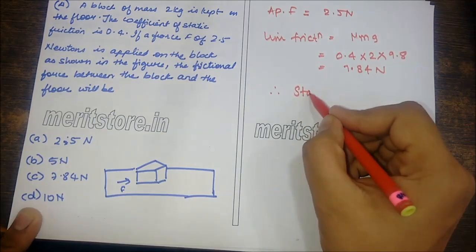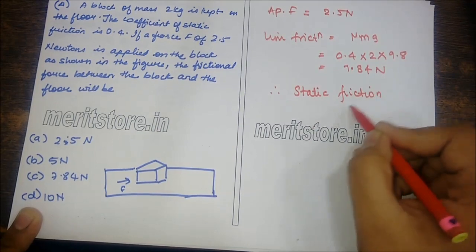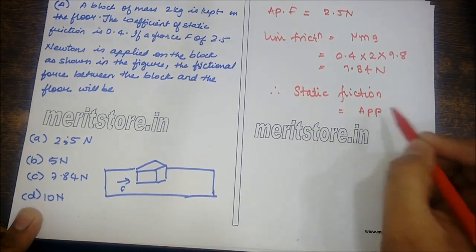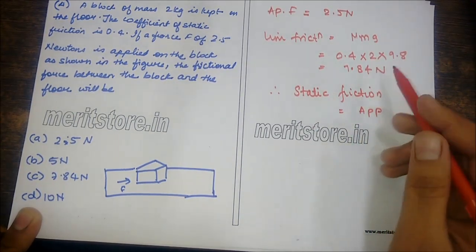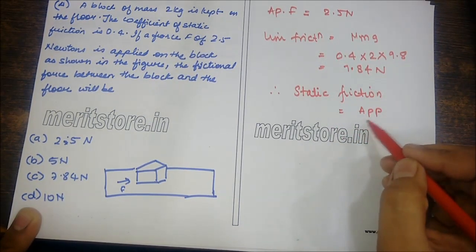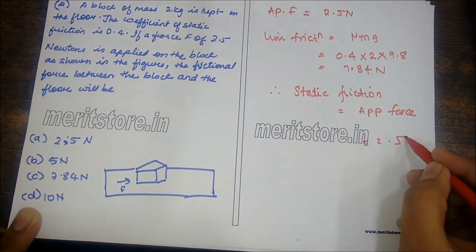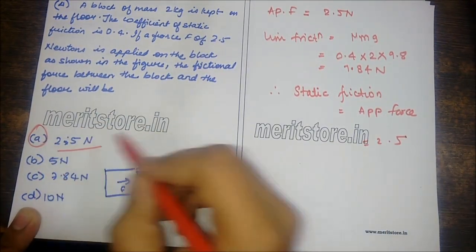Therefore, static friction is equal to applied force. For the given condition, applied force is much smaller than the limiting friction. So static friction of the body is equal to applied force, which is equal to 2.5. So option A, 2.5 is the correct answer.